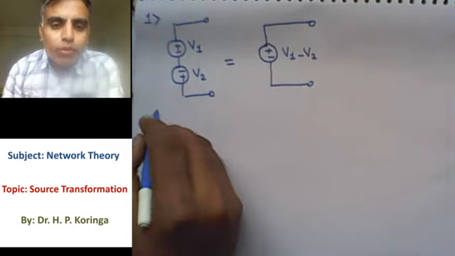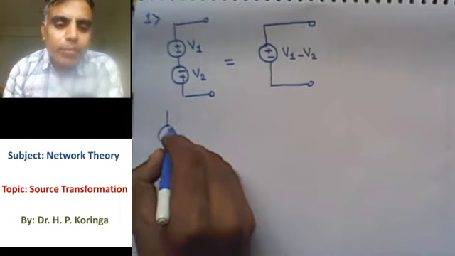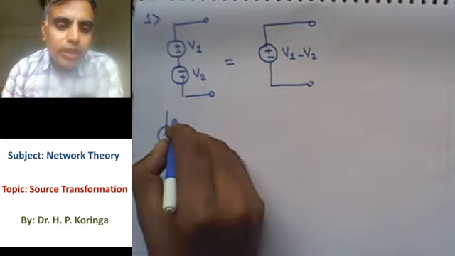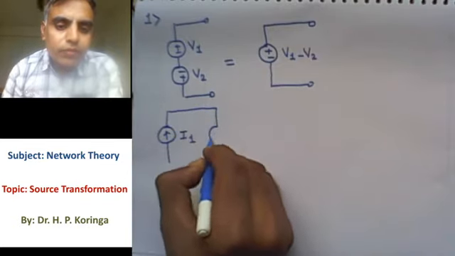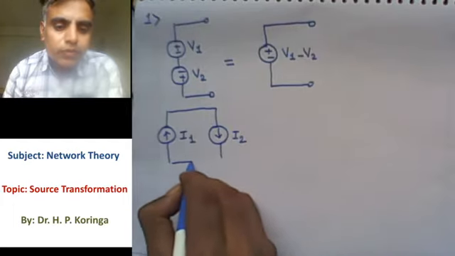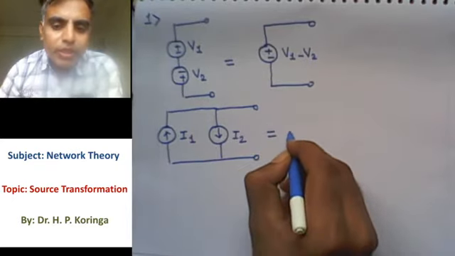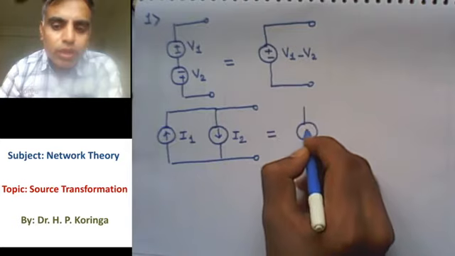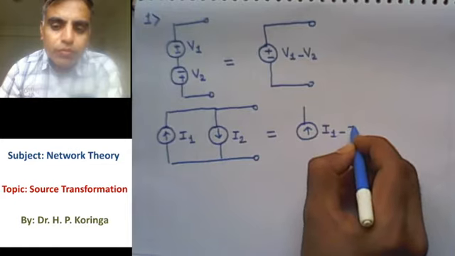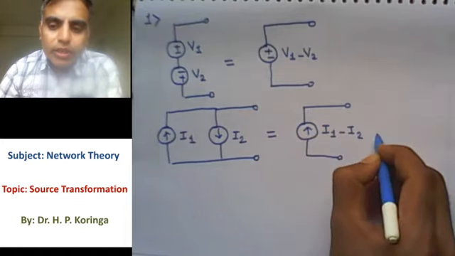Same rule for the current source. If two or more than two current sources are connected in parallel, then they can be replaced by a single current source, and if we take the direction of I1, then it is I1 minus I2.